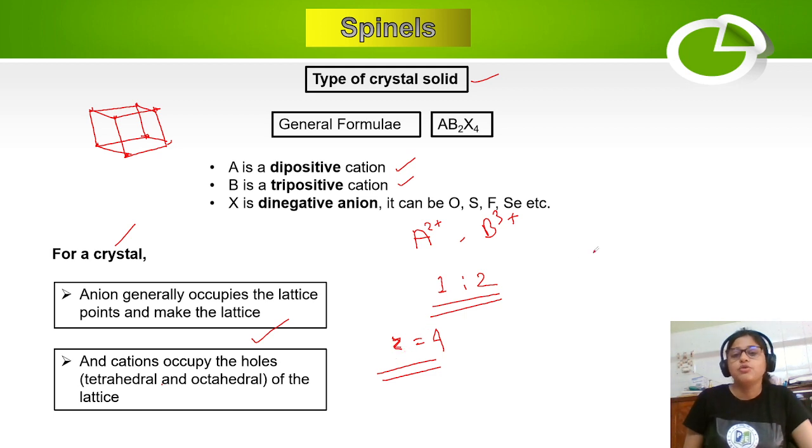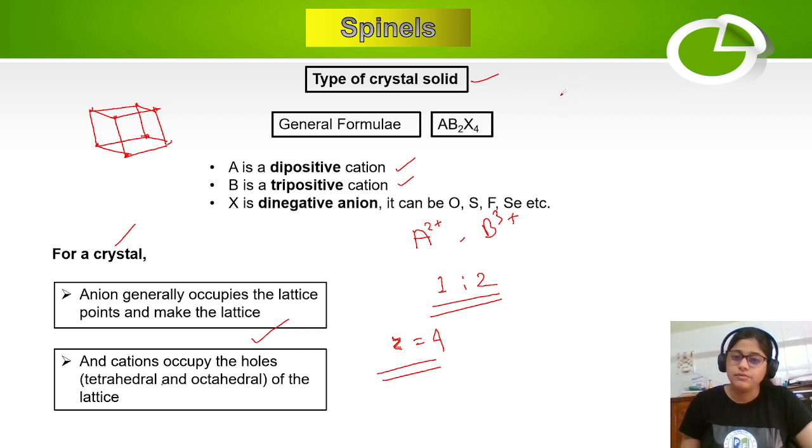We know the formulas, we have previously read about this in solid state. That's why I'm just putting this here, I am trying to make you remember these things.